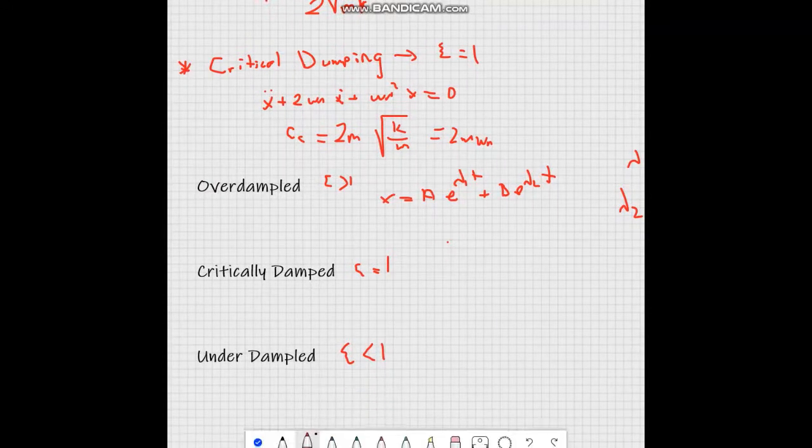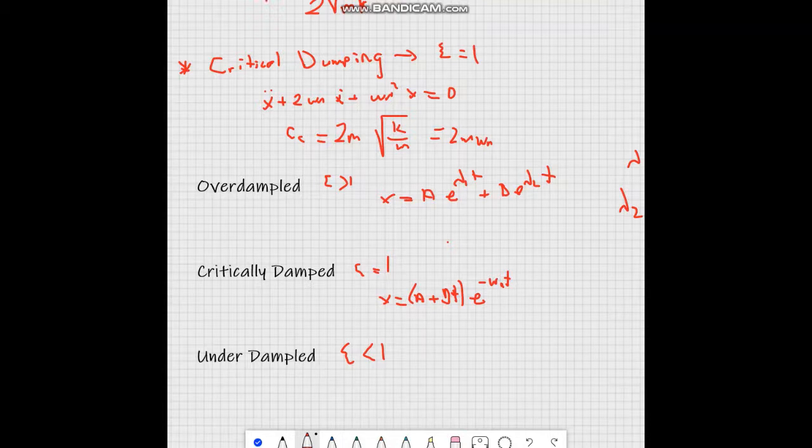If it is critically damped, our x value is equal to A plus B t, multiplied by time, exponential minus natural frequency multiplied by time.